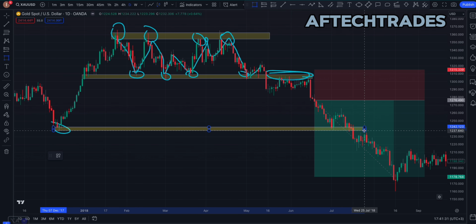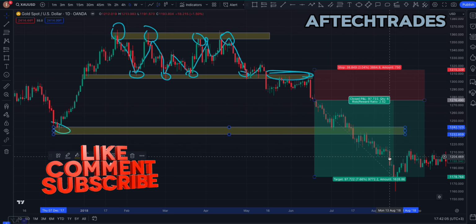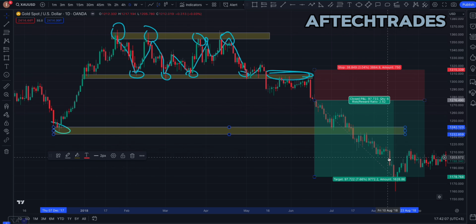So you will use the same strategy you use here. You wait for another retest, which happened around this side. In this case, you will see this big engulfing candlestick, which shows us that this market is definitely going down.